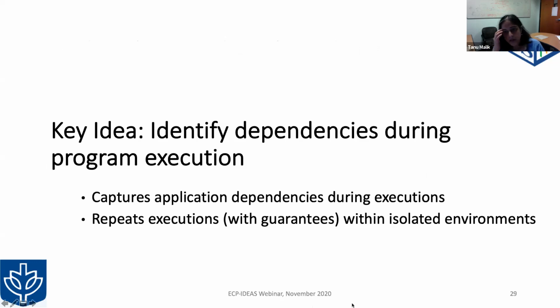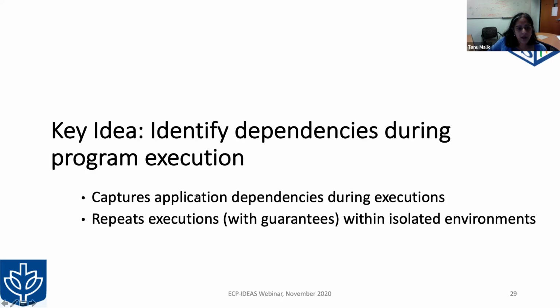So the key idea in Sciunit is to identify dependencies during the program execution. So when your application is executing, it is accessing these dependencies. So why not at that very time copy them into some container-like environment?